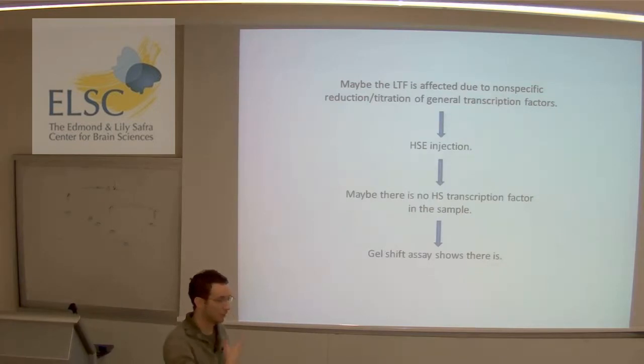The long-term facilitation effect that is produced due to the activation of the CREBP does not go through the heat shock protein pathway. It might be that the CREBP has some effect on the heat shock protein pathway, but that it has nothing to do with the long-term facilitation in neurons.